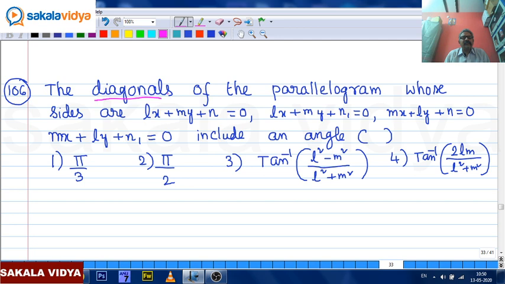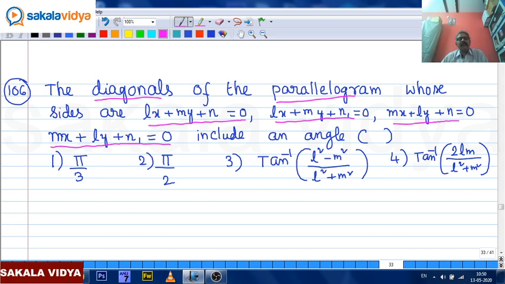The diagonals of the parallelogram whose sides are Lx plus My plus n is equal to 0, Lx plus My plus n1 is equal to 0, Mx plus Ly plus n is equal to 0, Mx plus Ly plus n1 is equal to 0. Include an angle. So, that means the nature of the parallelogram we need to find out.